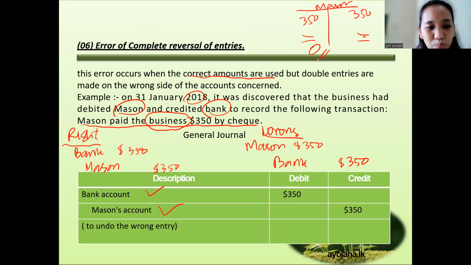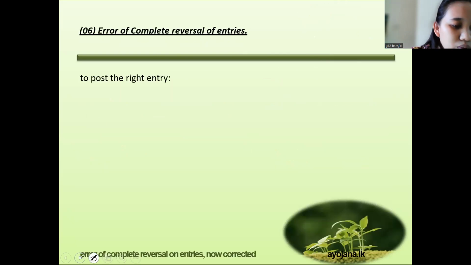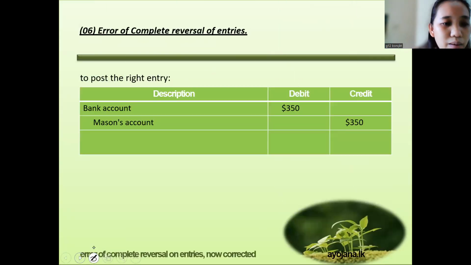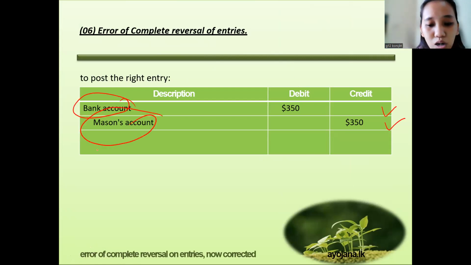But remember, we need to put masons on the credit side, right? So for that reason, we need to post the right entry again with the same number 350, same account, bank on the debit side, masons on the credit side. Sounds familiar? Sounds the same now?